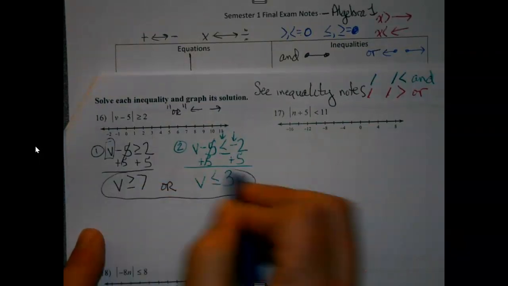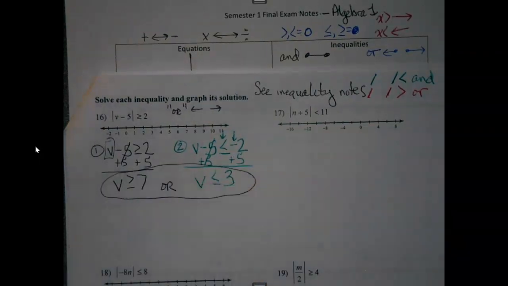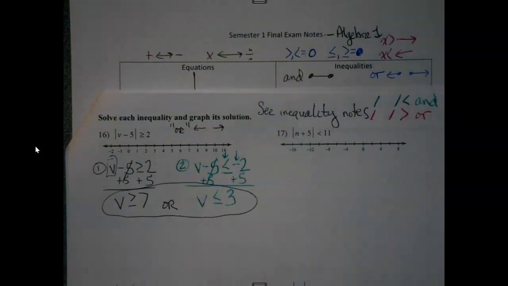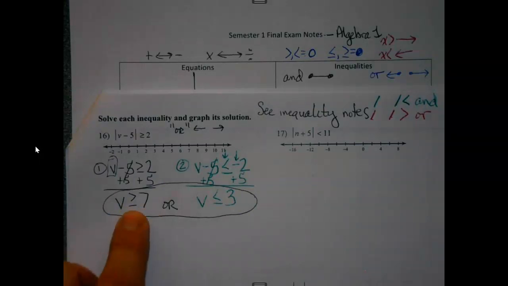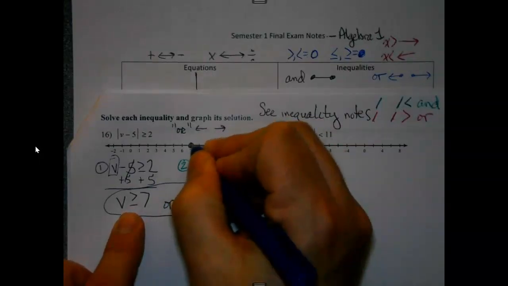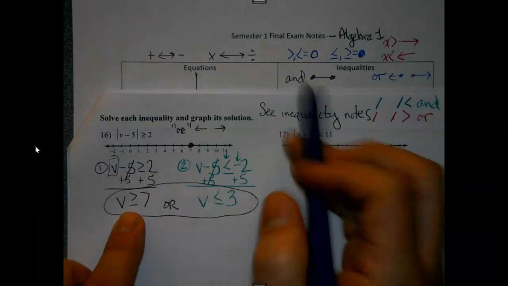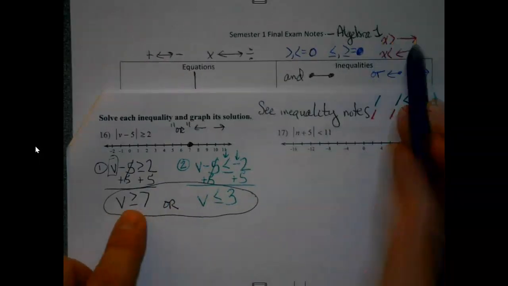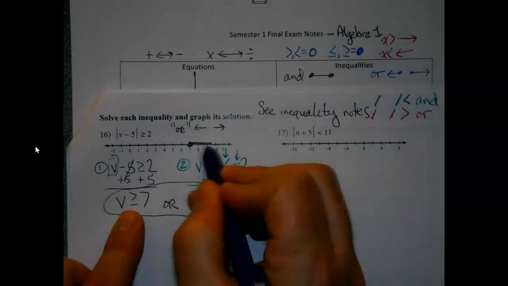So here's why that and/or thing is so important. When I go to graph now, and again, I still have all this here to help me. Okay, so at 7, am I going to have an open or a closed dot at 7? Closed because of the or equal to. And when my variable is greater than, it goes to the right.